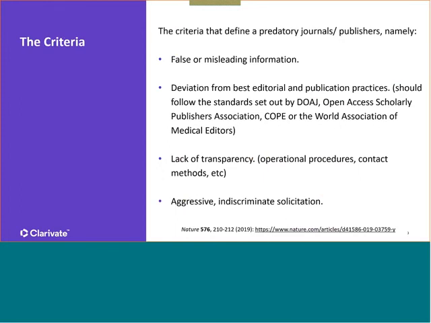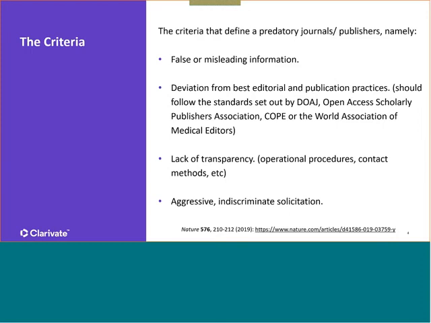Ultimately, for a journal to be deemed predatory, they need to display false or misleading information, especially on their website. An example could be that they say they are indexed in Web of Science since 2018, but when you go into Web of Science and check, they don't exist.